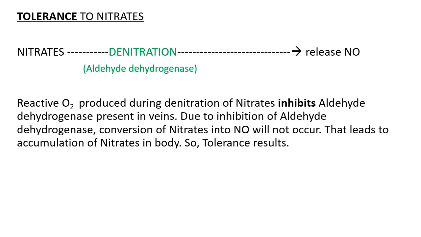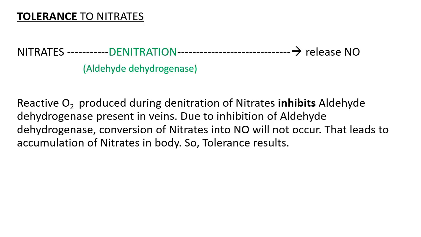Tolerance to nitrates. Nitrates are acted upon by aldehyde dehydrogenase and the process is known as denitration. Denitration helps to release nitric oxide. During denitration of nitrates, reactive oxygen is also produced.